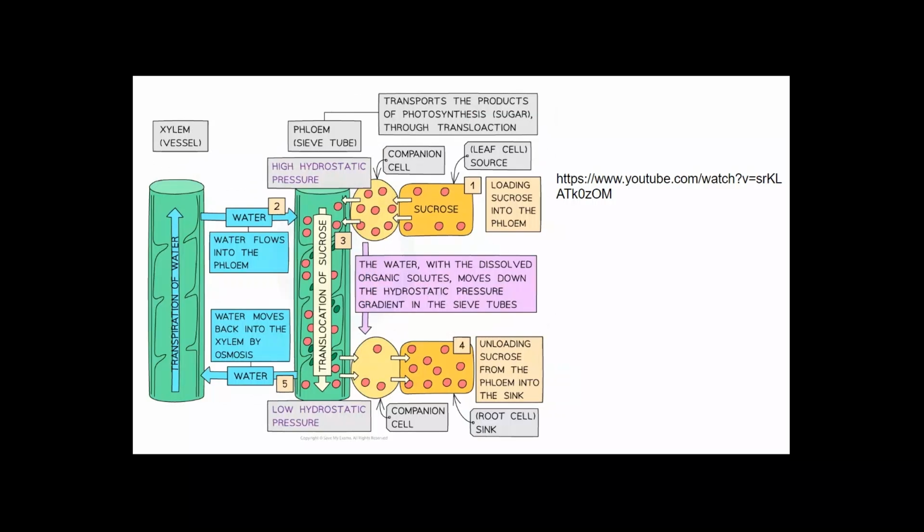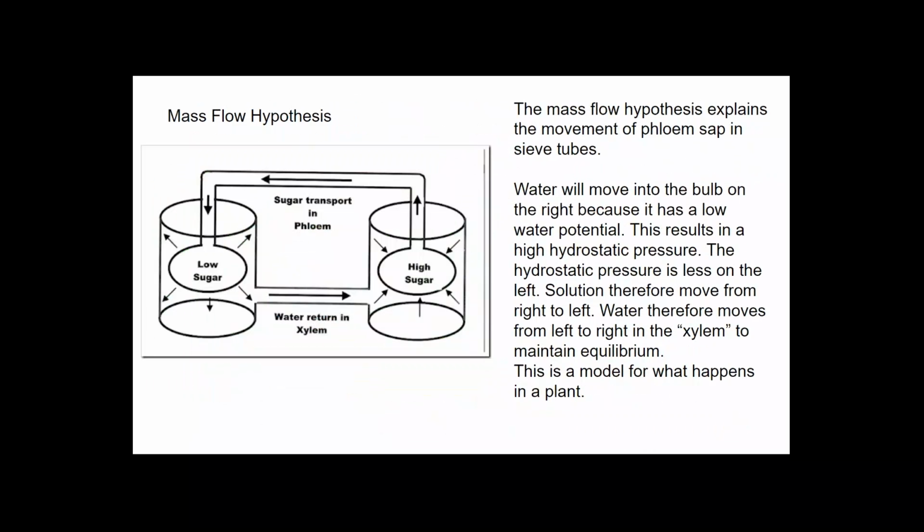After the initial loading of sugars in the leaf, mass flow is passive. And since phloem tissue has been found to have a high turnover of ATP along its length, phloem is thought to play an active rather than a passive role in translocation. Because if you have this system here, where all you need is sugar being formed in the leaf and sugar being converted into starch here, the process would continue.